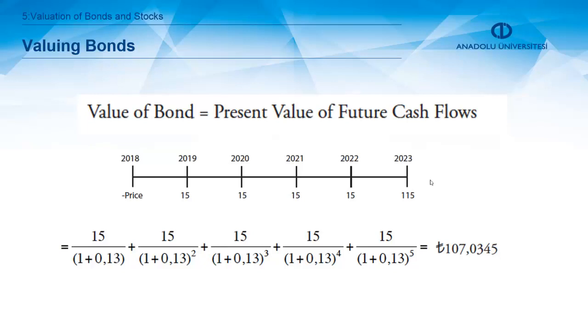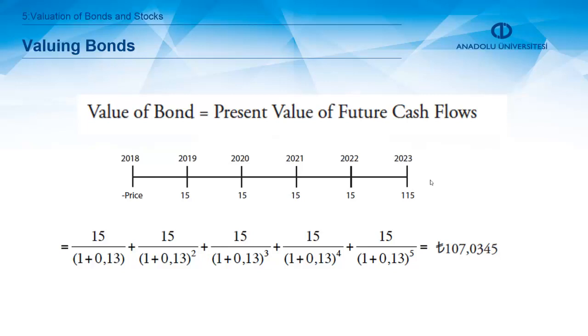So like any other valuation, a value of a bond is the present value of future cash flows. Future cash flows to an investor are these interest coupon payments, and in the end $100.